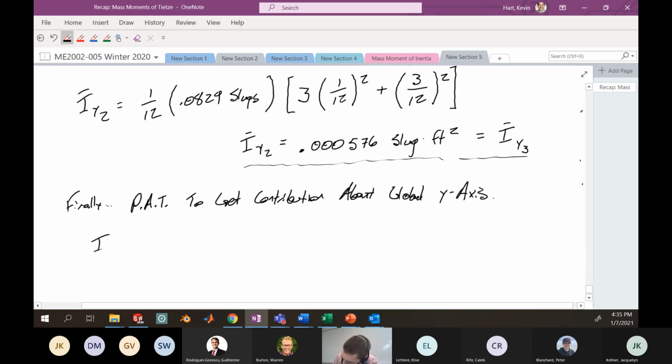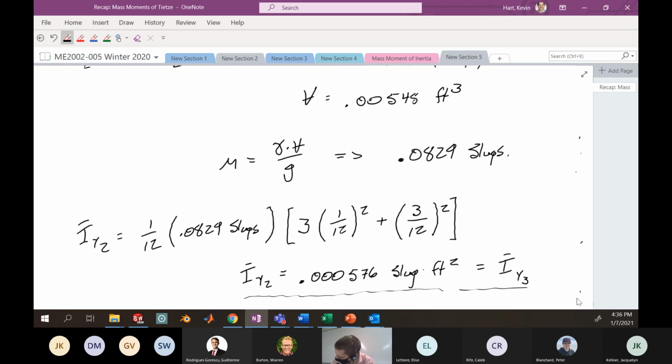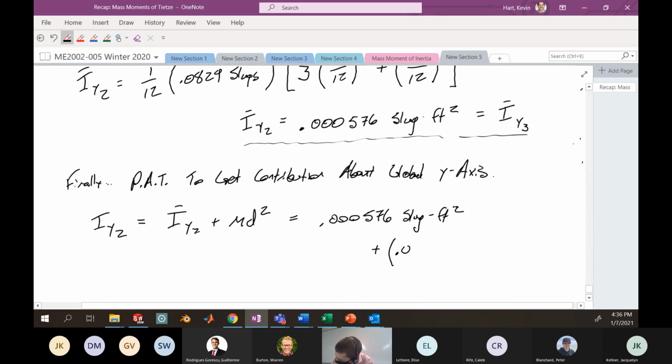So, the contribution for object number 2 looks something like 0.000576 slug feet squared, plus the contribution from relocation of this guy, which is the mass of the guy, you remember, 0.0829 slugs, times the distance squared.